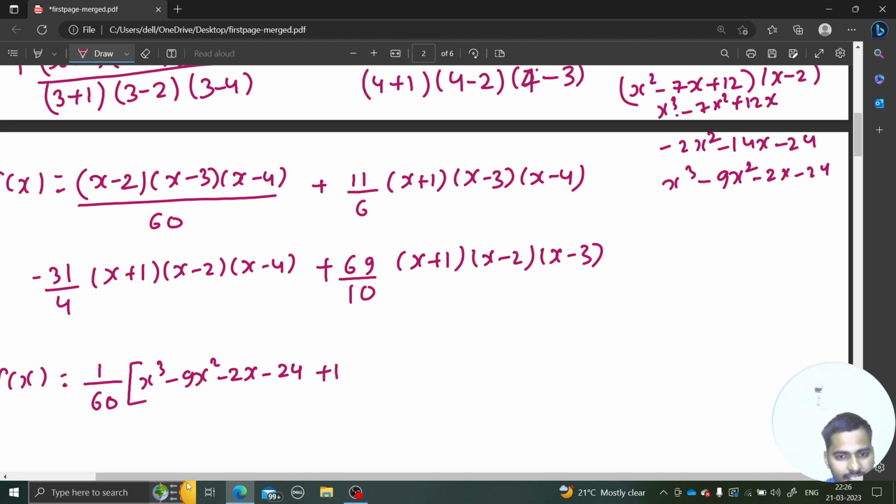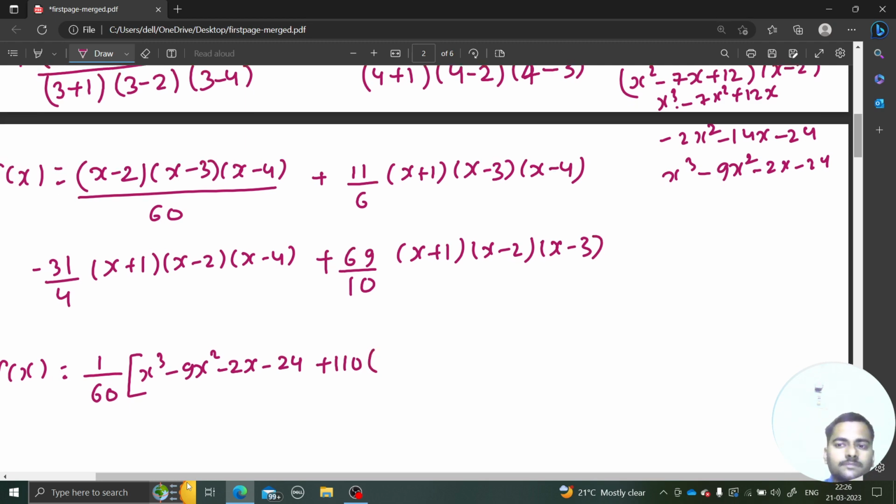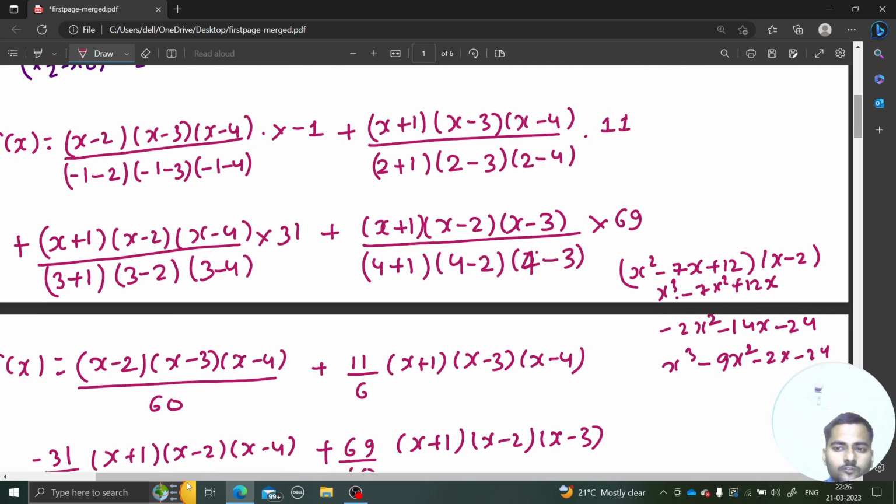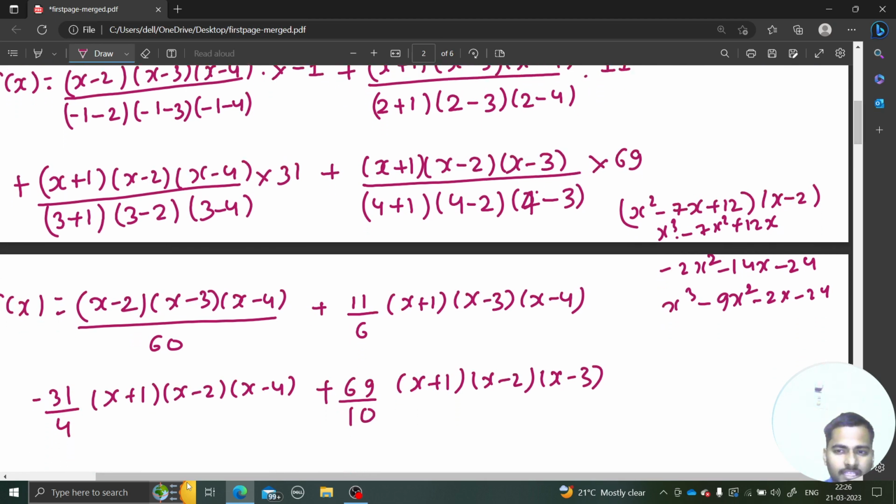Plus 110 times x minus 3, x minus 4 is again this thing only, and this is to be multiplied by x plus 1. So if I multiply by x plus 1, the first one will be same: x cube minus 7x square plus 12x plus x square minus 7x plus 12.